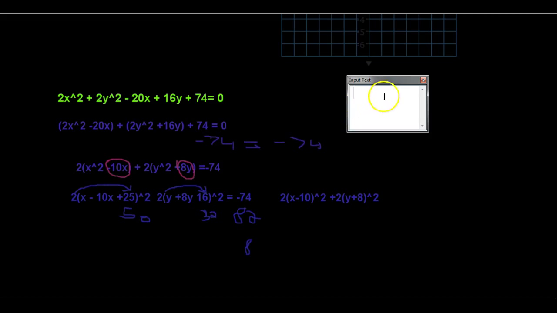Okay, let me do that again. So we have our 2x plus 10, negative 10, actually, sorry, squared, and our 2y plus 8 squared.